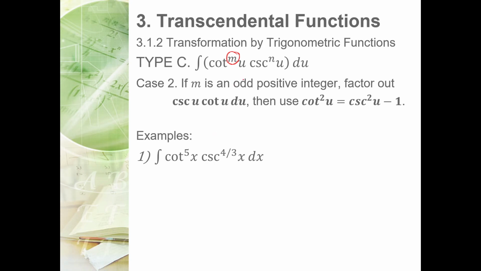So same as case number 2 for type B, its exponent should be odd. And then we need to factor out cosecant u cotangent u, and then use the cotangent identity, which is this formula. So again, we know by fact that the derivative of cosecant is negative cosecant u cotangent u, right?